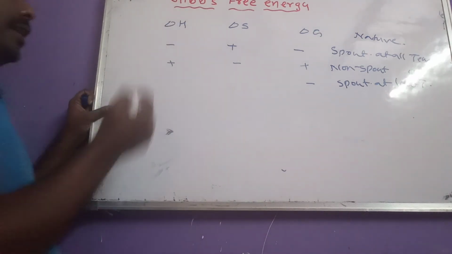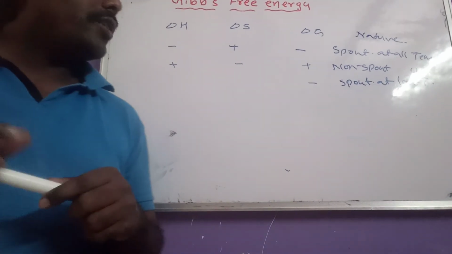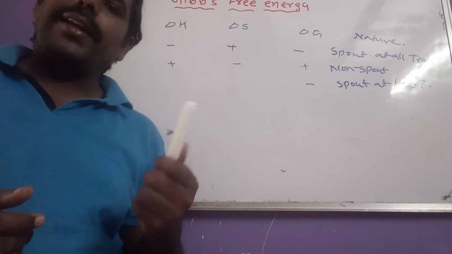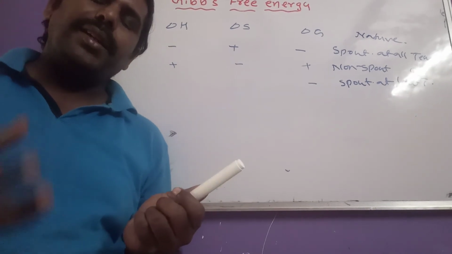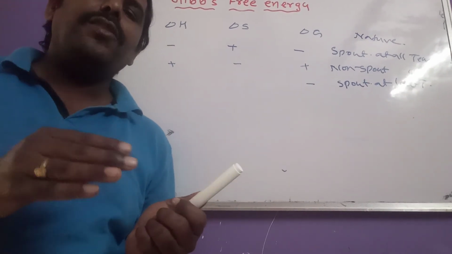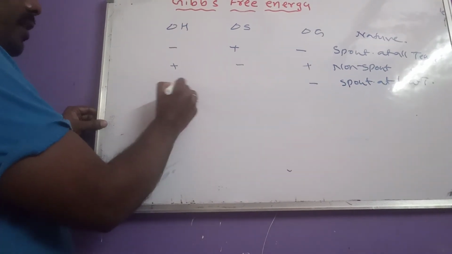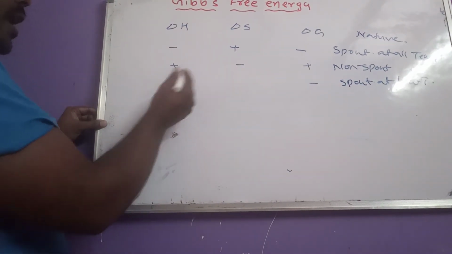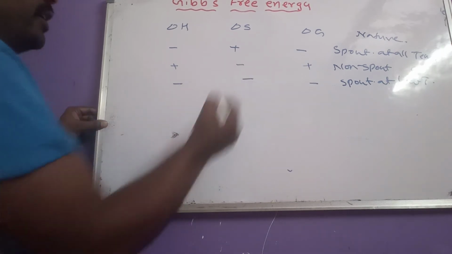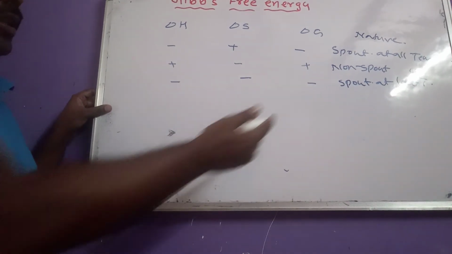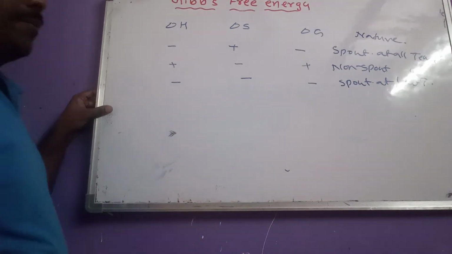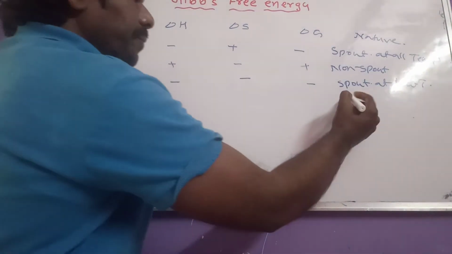Now come to delta H. Even at low temperatures, the reaction taking place spontaneously means that it must be an exothermic reaction. So delta H is negative and delta S is also negative for spontaneity at low temperature.